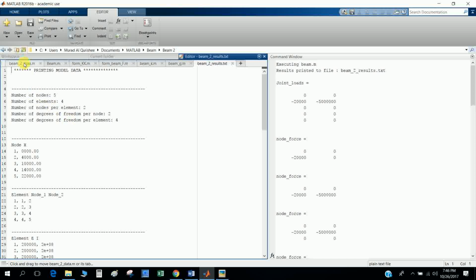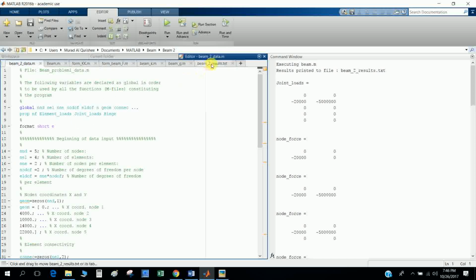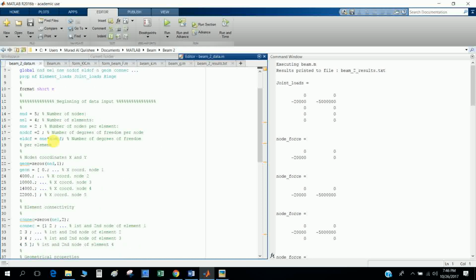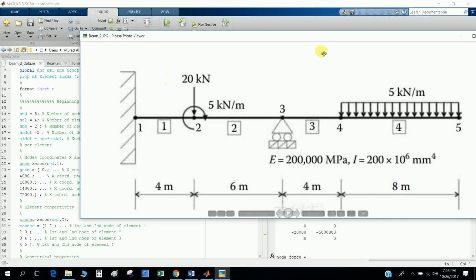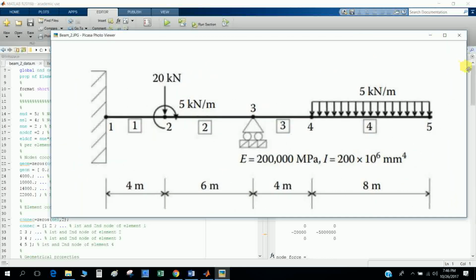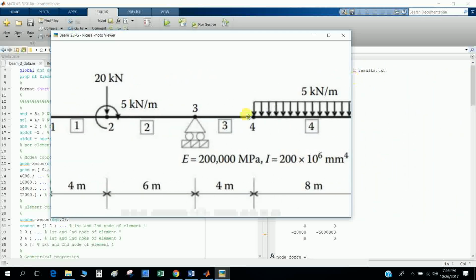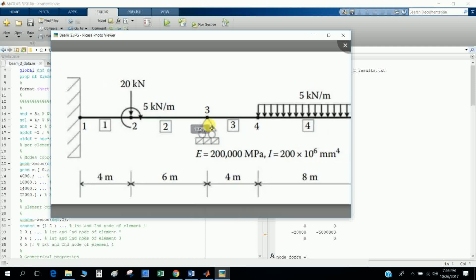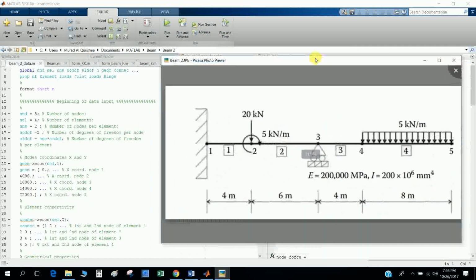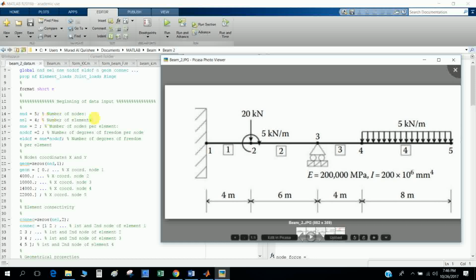I divide the program into 3 or 4 files, and I got this code from a book called Introduction to Matlab and Abaqus, and this is the main file. So let's go. How can I define it here? Here the number of nodes is 5: 1 2 3 4 5.